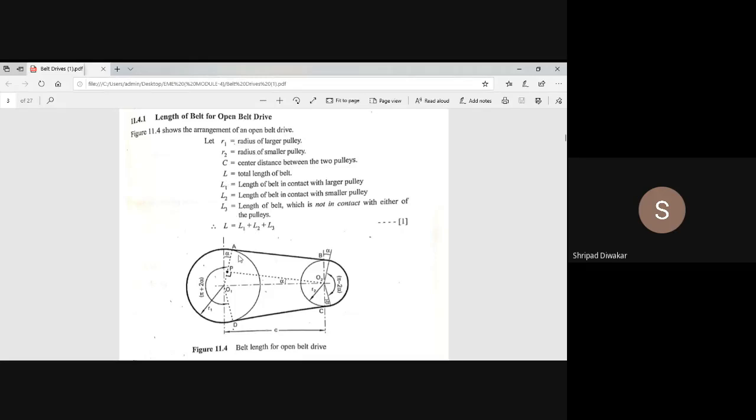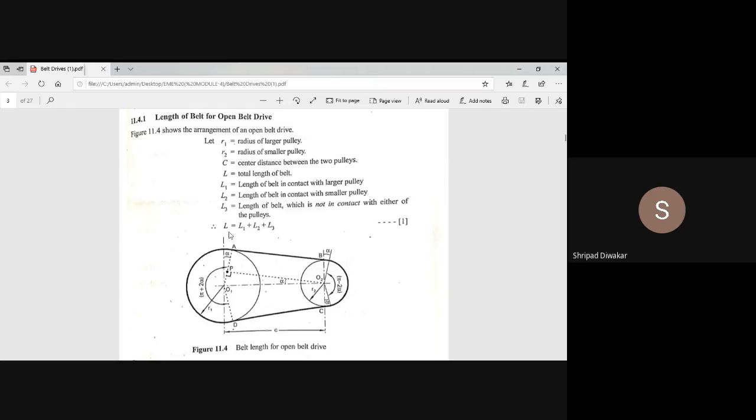L1 is the length of belt in contact with the larger pulley, or driver pulley. L2 is the length of belt in contact with the smaller pulley, or driven pulley. L3 is the summation of these two lengths, the length of belt not in contact with either of the pulleys. First, call this equation 1.